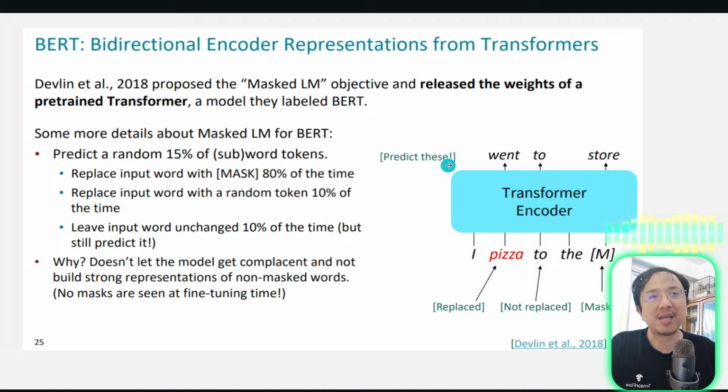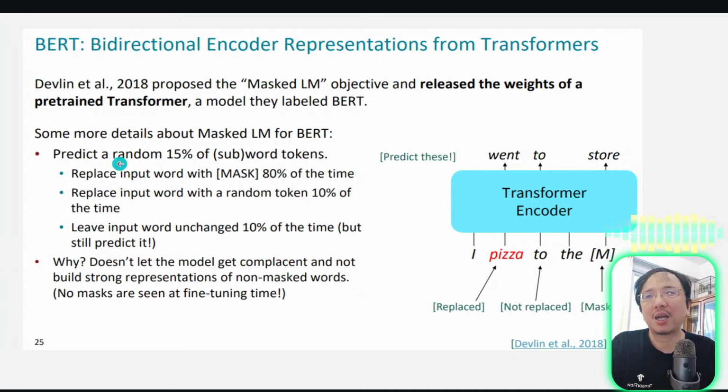The task is to ask it to find out whether the word is replaced or not, and to output the correct tokens for each one.